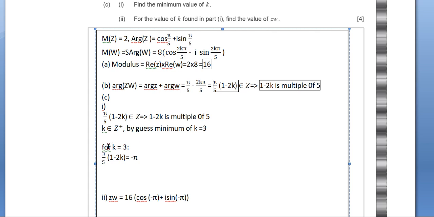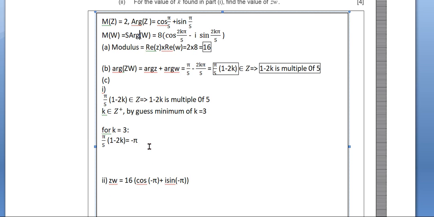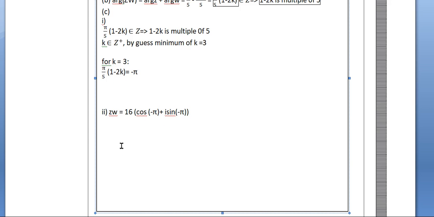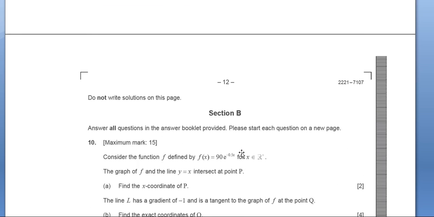So for 3 we are getting minus pi. Finally, this is the result. When you multiply z by w, you are getting modulus 16 times cosine minus pi plus i sine minus pi.